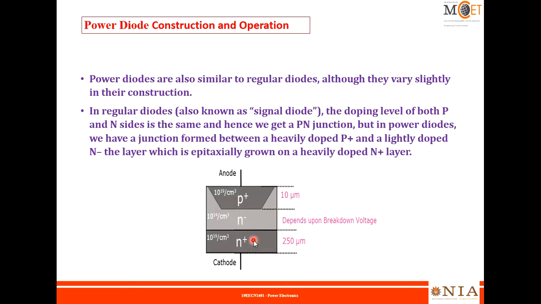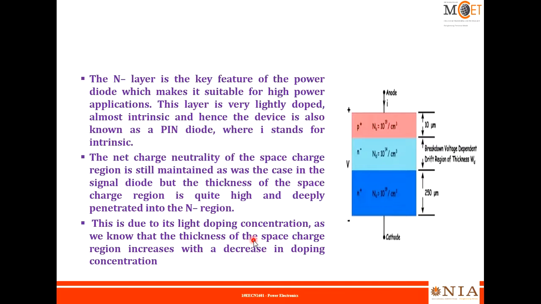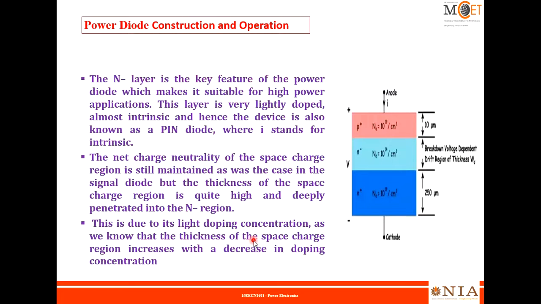The power diode should be designed to handle a high forward current and a large reverse breakdown voltage. This N minus layer is a basic structural feature not found in signal diodes.